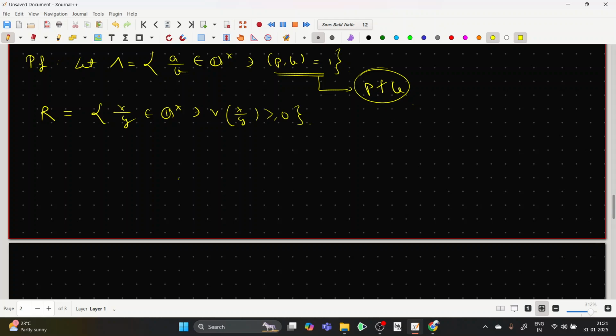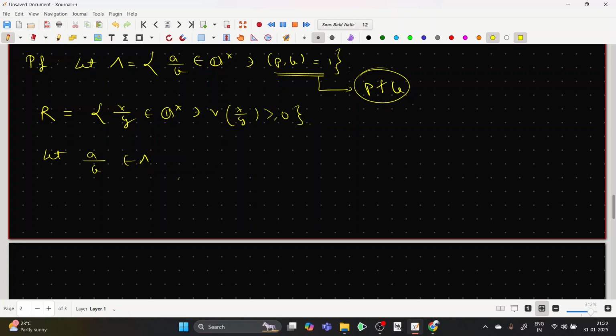Okay, fine. So now let A by B come from Lambda. I need to show that this is an element of R. To show this, I need to produce a rational number C over D, such that I can write A by B equal to P to the power alpha times C over D, such that alpha is greater than or equal to 0, because we need the valuation to be greater than or equal to 0, right?